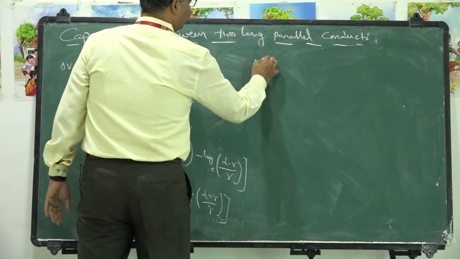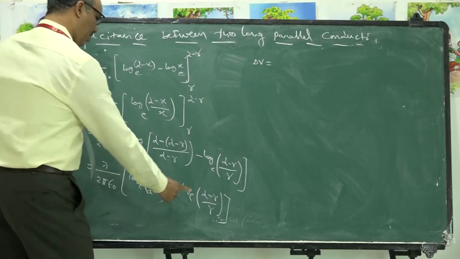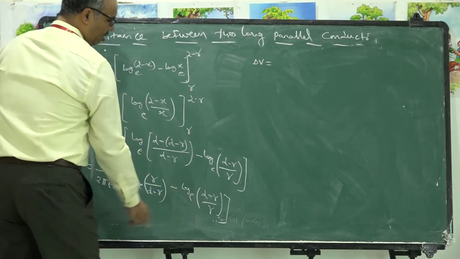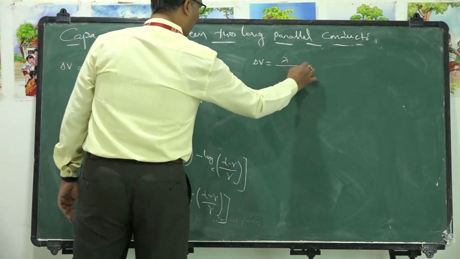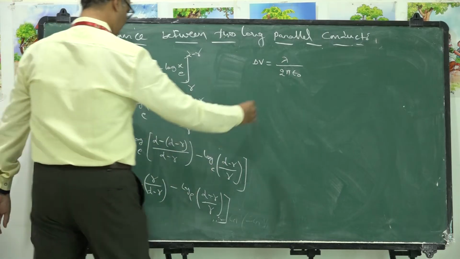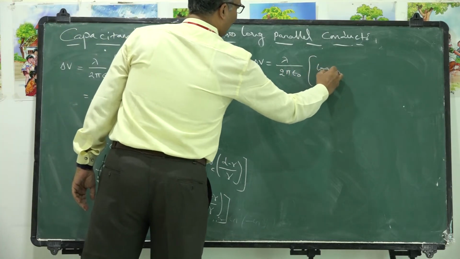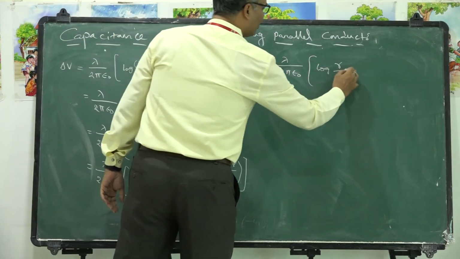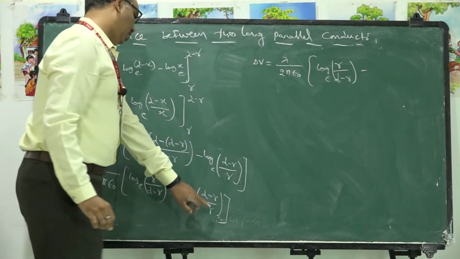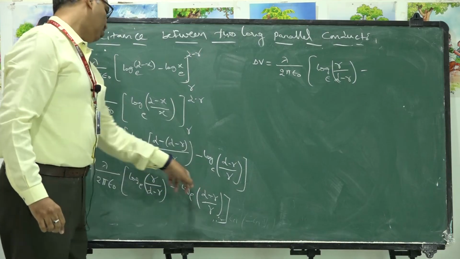Now delta V is given by, we can change the numerator and denominator position. So lambda by 2 pi epsilon naught log r by d minus r to the base e. When you interchange the numerator and denominator position, minus will come out.